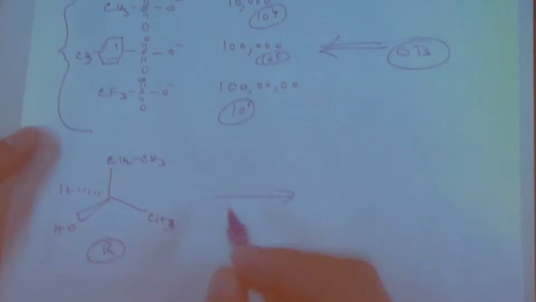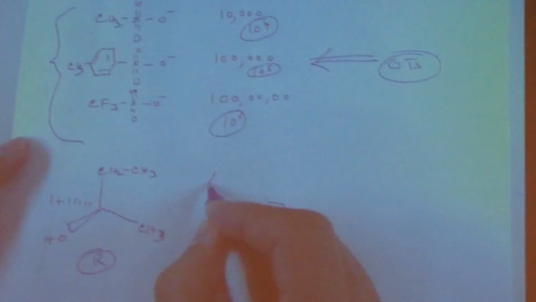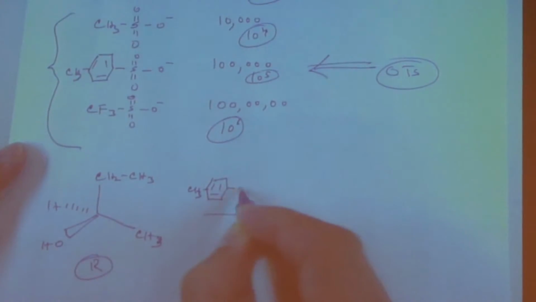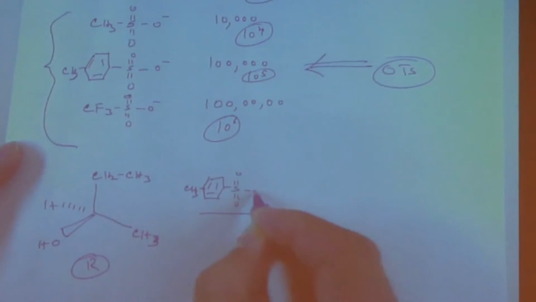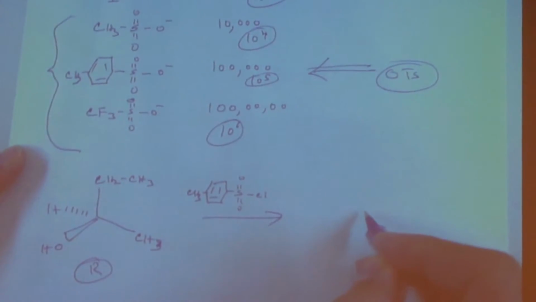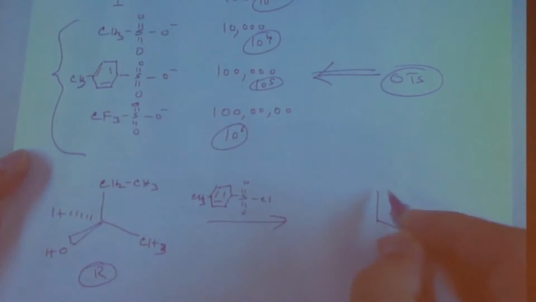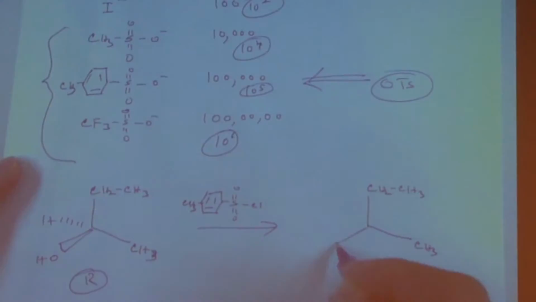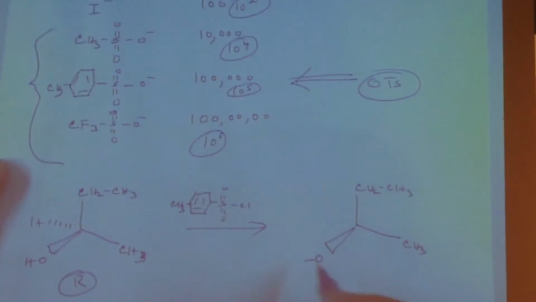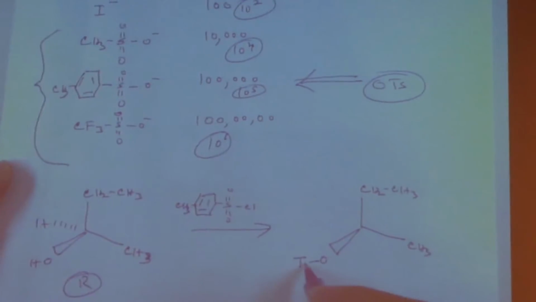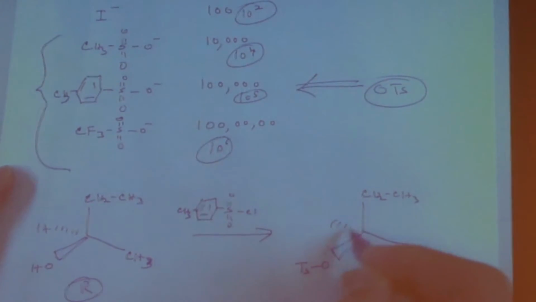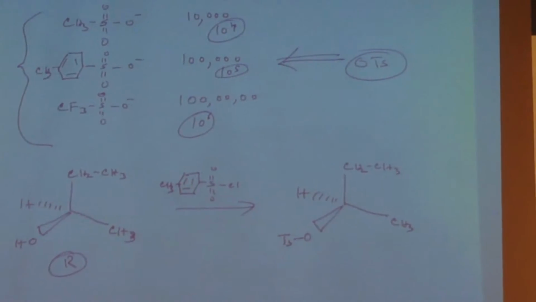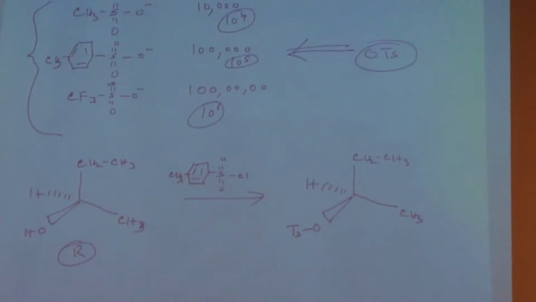So the OH will be converted by using para-toluenesulfonyl chloride. So we convert it to the tosylate with exactly the same stereochemistry. Still maintains the R stereochemistry.